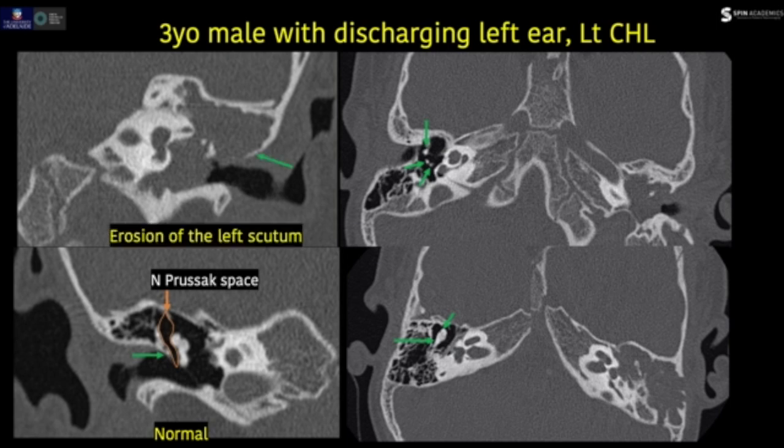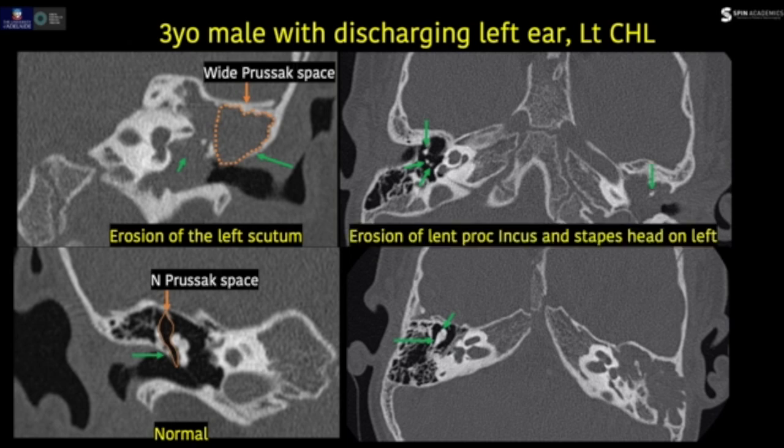There is an erosion of the scutum, widening of Prussak's space, medial displacement of the ossicles demonstrated by lack of the perpendicular arrangement, erosion of the ossicles on the left side also demonstrated by absence of the two dot sign, and a disfigured ice cream cone representing erosion of the malleus as well as the body and short process of the incus on the left side.